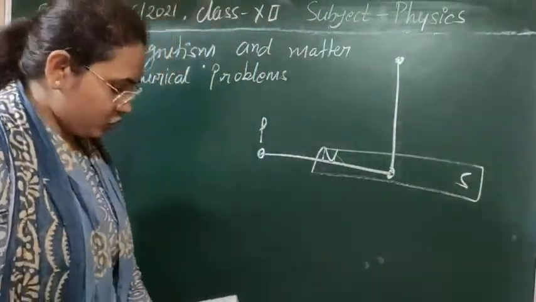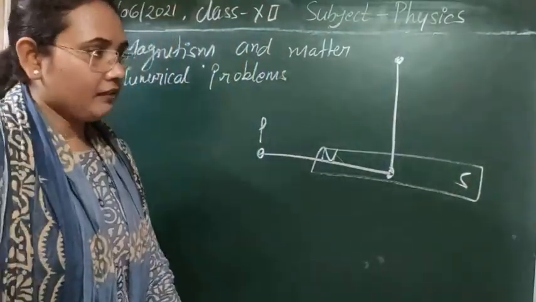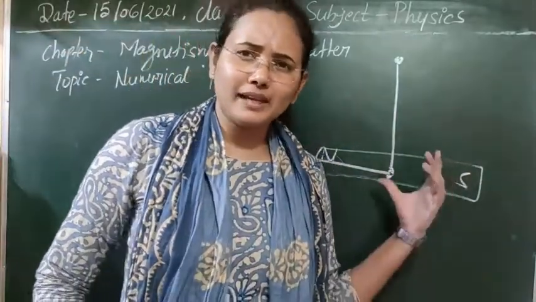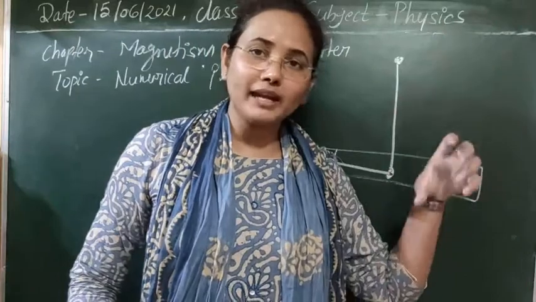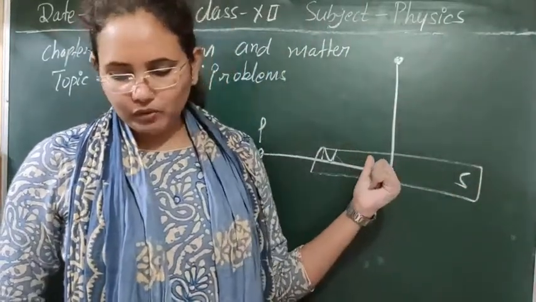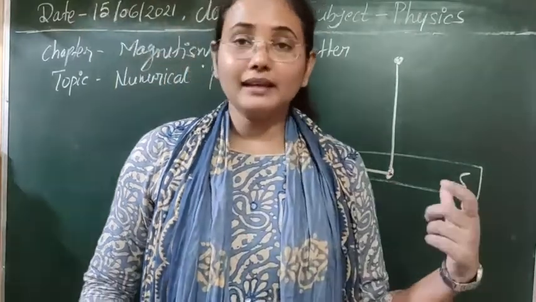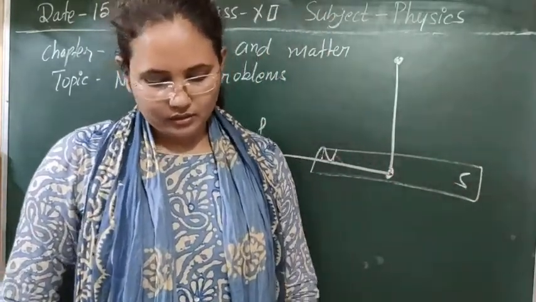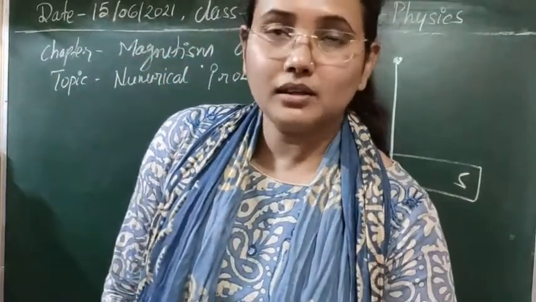To solve this one, if we change the direction of the bar magnet by rotating it 180 degrees, then its south pole will lie in the geographic north-south direction, or sorry, I think I'm saying it wrong.